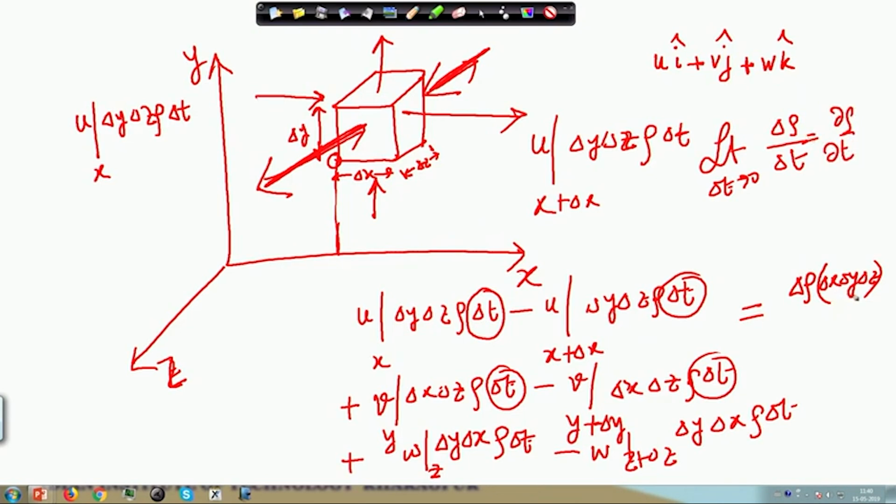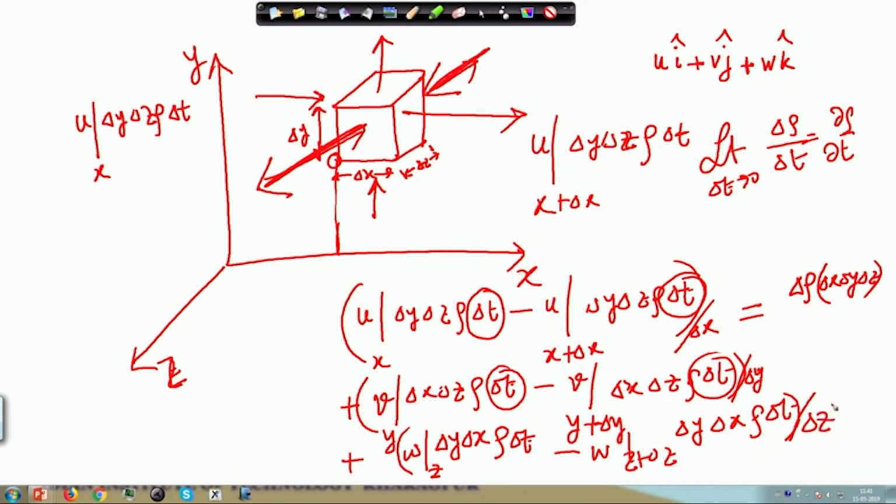And this delta x, delta y, delta z has come to the left hand side. Out of this, delta y, delta z will cancel out, so this part of the equation is left with only division by delta x. This part, since it is delta x, delta z, will be left with division by delta y, and this part will be left with division by delta z.